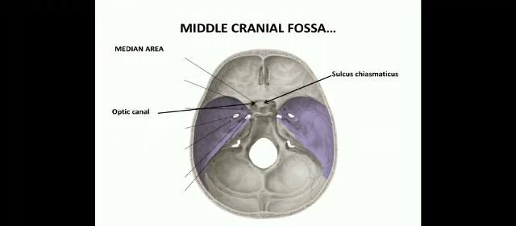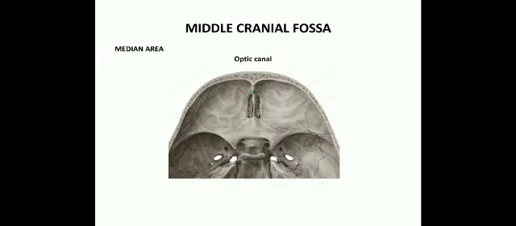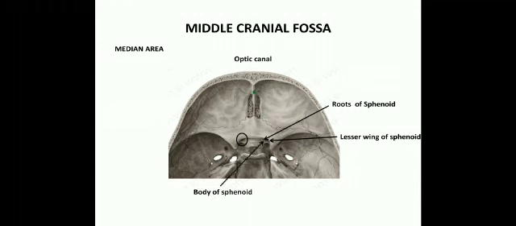The optic canal leads to the orbit. It is bounded laterally by the lesser wing of the sphenoid, in front and behind by the two roots of the lesser wing of the sphenoid, and medially by the body of the sphenoid.